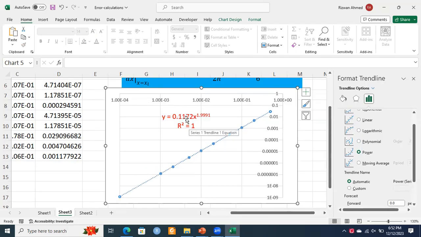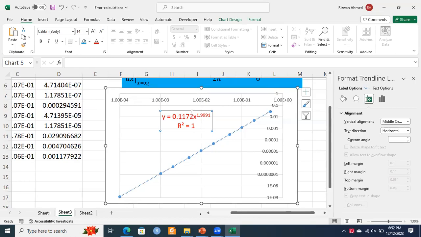So we have got this equation displayed here, which says that the error, the vertical axis, varies with almost the second power of h, the step size.